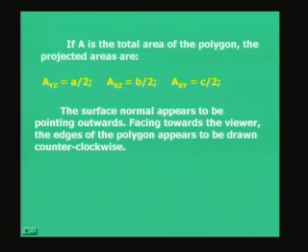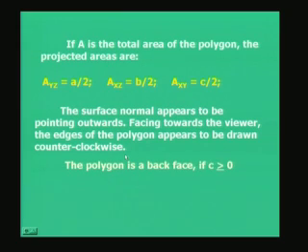I repeat again, the surface normal appears to be pointing outwards from the face, facing towards the viewer, and the edges of the polygon appear to be drawn counterclockwise. That is the situation which we know. To check whether the polygon is a back face, you need to just compute C and check its sign; if it is positive, then the polygon is a back face. So, this is simple.